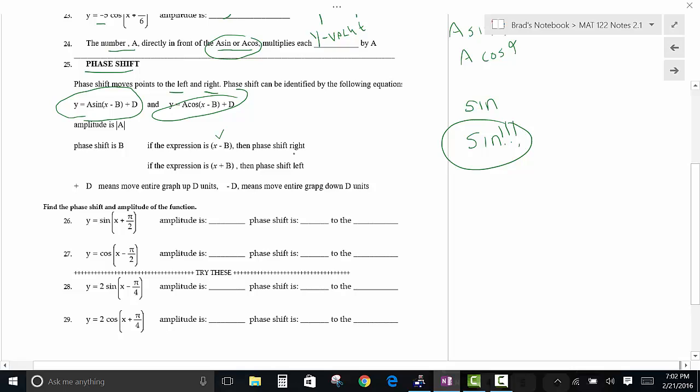If you have x minus B, that's a phase shift to the right, so it moves the graph to the right. If it's plus, that takes the graph to the left. And then D is a vertical translation. If you have plus D, you're going to go up. If you have minus D, you're going to go down.